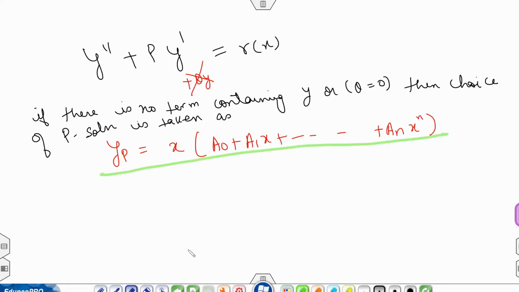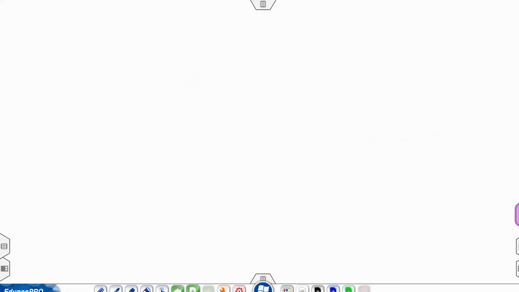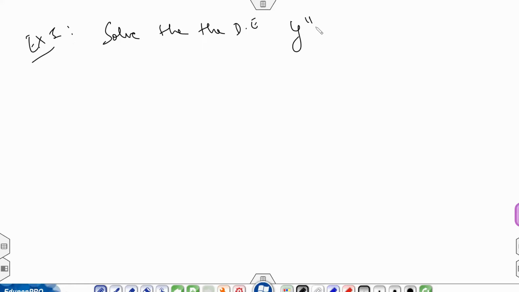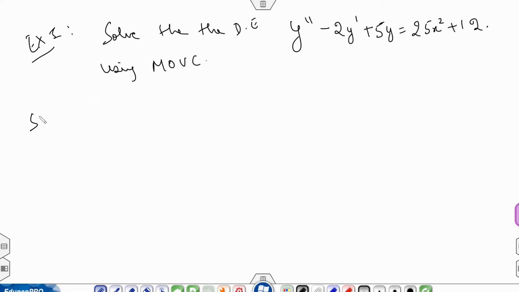So now let us do a few examples for this case. Example number 1: solve the differential equation y'' minus 2y' plus 5y equals 25x² plus 12 using the method of undetermined coefficients. Firstly, we have to find the general solution of the homogeneous differential equation.